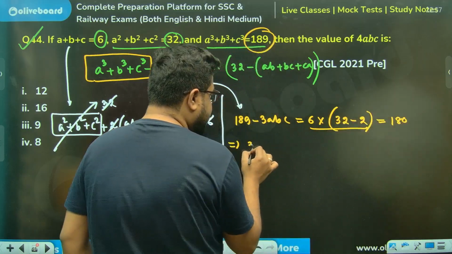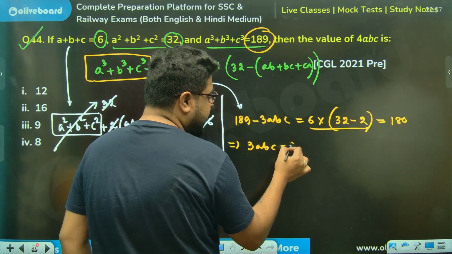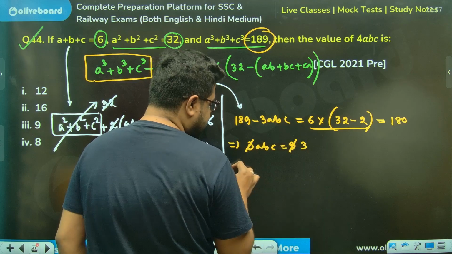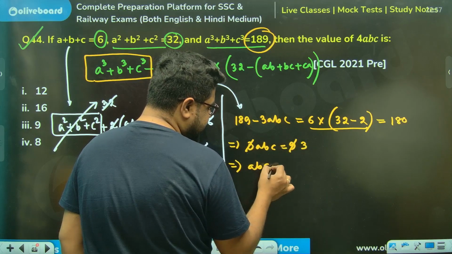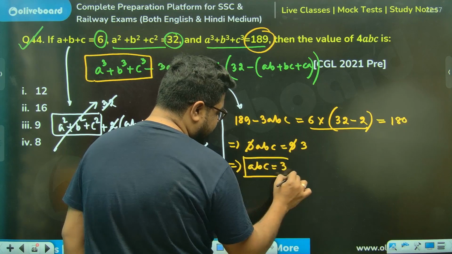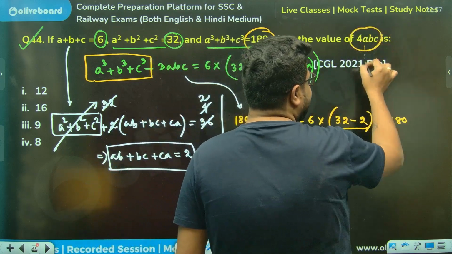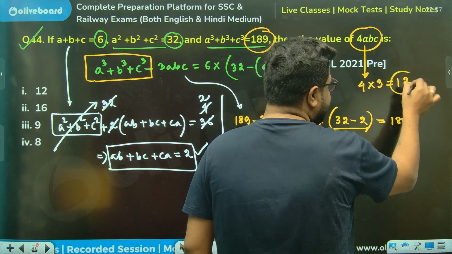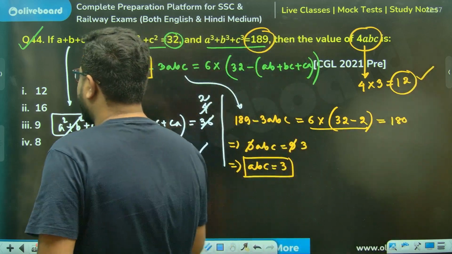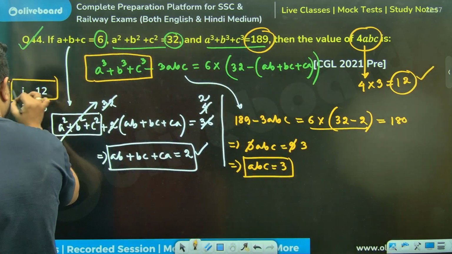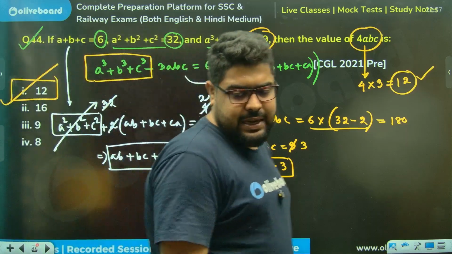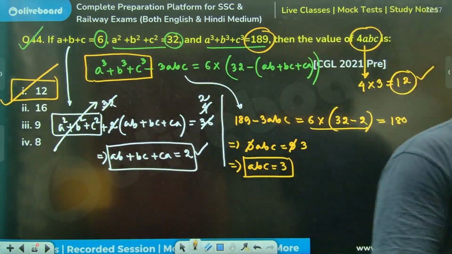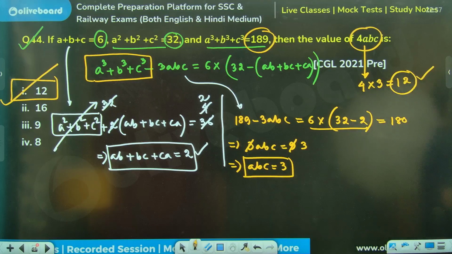So from there I can write 3abc is equal to 9. From there I can write abc is equal to 3. And from there I can write my 4abc will be 4 into 3, which is equal to 12, sir. Done and dusted. Option number 1. I do not need to go any further on this. Clear this, everyone. Clear this, everybody.